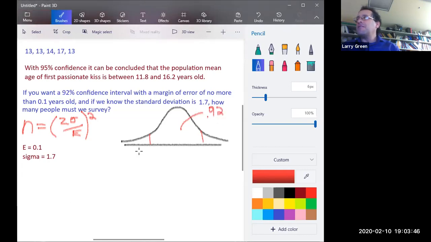Okay, so the question I've got is, what percent, or what's the proportion on the left if the inside is 0.92? Can any of you compute that? Let's see if you can. Yeah, 0.04, because if there's 92% inside, there's 8% outside. Half of that is 4% on the left. So 0.04.